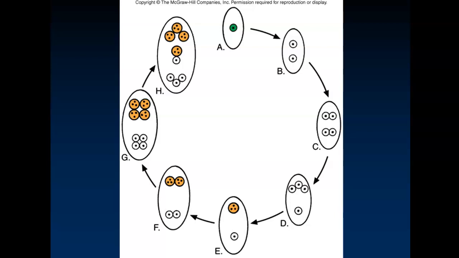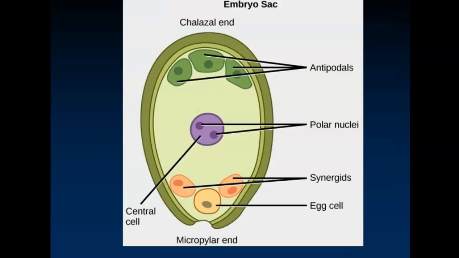The 2 in the center are called the central cell nuclei, and that's what the female gametophyte looks like. So this is maybe a better drawing of that final process. And again, the antipodals are just those 3 nuclei that are at the other end, away from the micropyle. The micropyle can be at any end. It doesn't have to be at the bottom. It could be at the top.